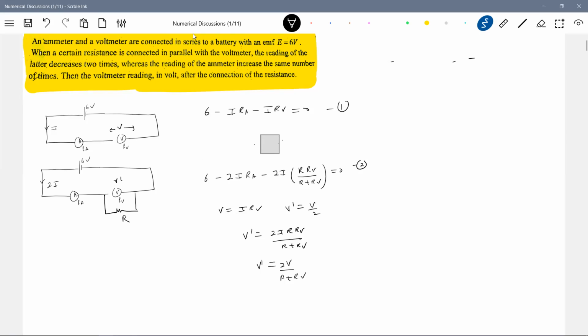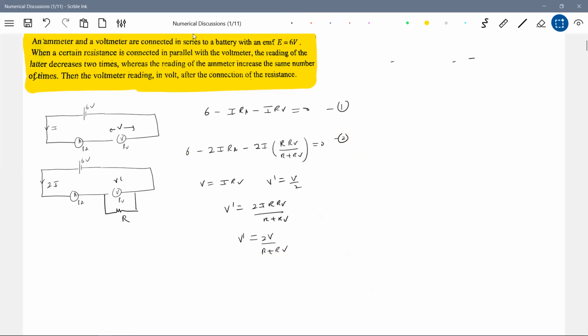More symbols will bring unnecessary complexity. Now we'll equate. So this will be 6 minus IRV is equal to 3 minus IRV by R plus RV.